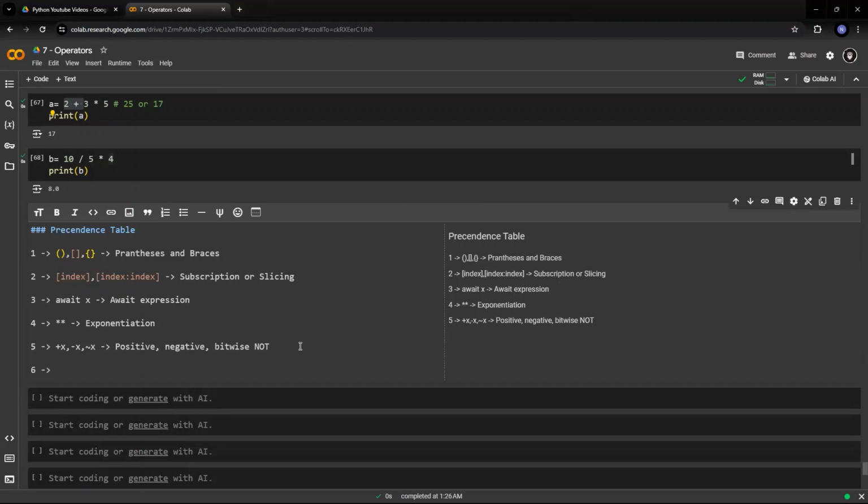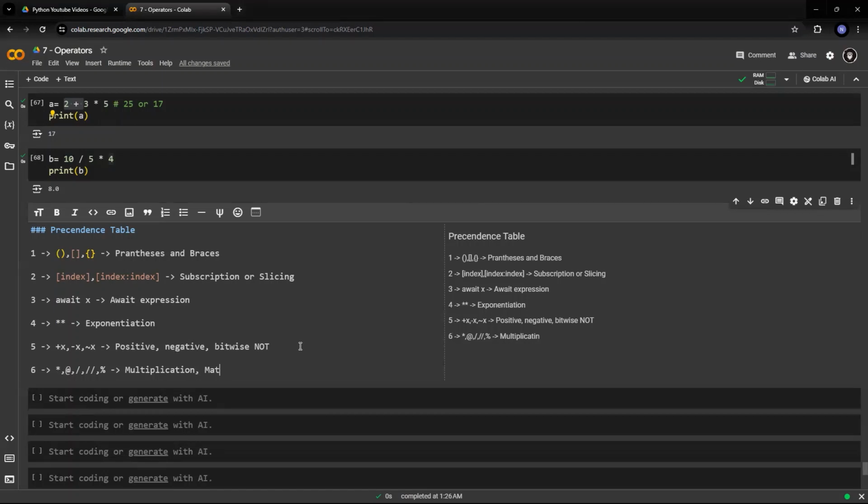On the sixth would be our multiplications and divisions. So we have multiplication, matrix multiplication, division, floor division, and the remainder, which is the percentage sign. So this is what will be the sixth one.